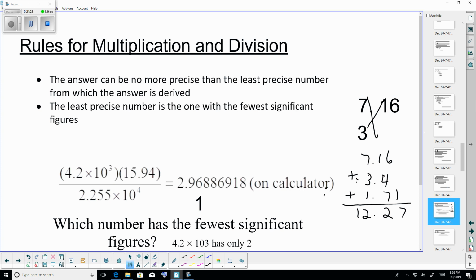Yep. So you only have one decimal point, so it's 12.3. I do that because usually half the class comes up with 12, because I just got done doing multiplication and division. There you use the least number of significant figures. Addition and subtraction, you use the fewest number of decimal places. So don't get caught by that.